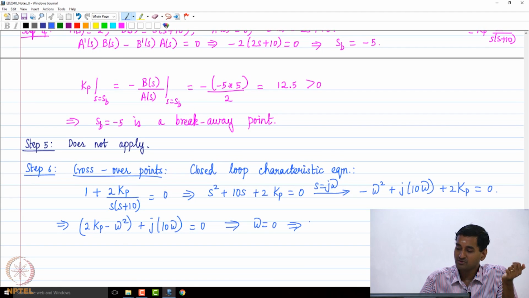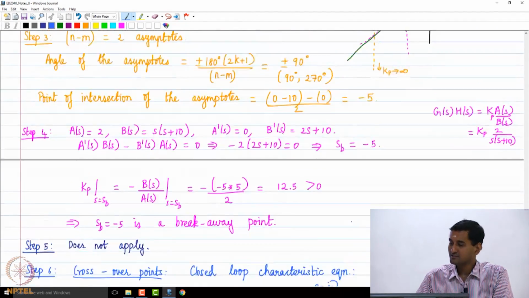If ω is 0, from the real part 2Kp - ω² = 0 we substitute ω = 0 and get 2Kp = 0, or in other words Kp should be 0. So ω = 0, Kp = 0 is the only crossover point.